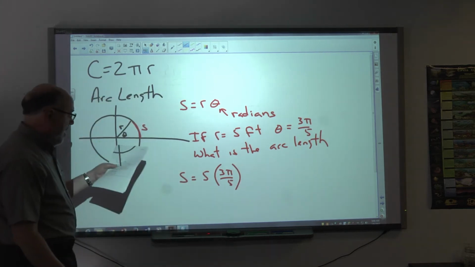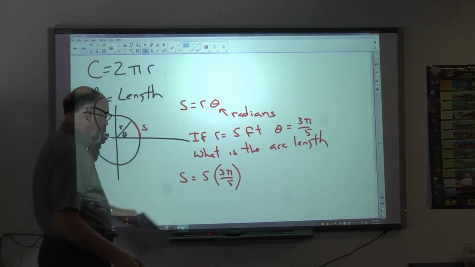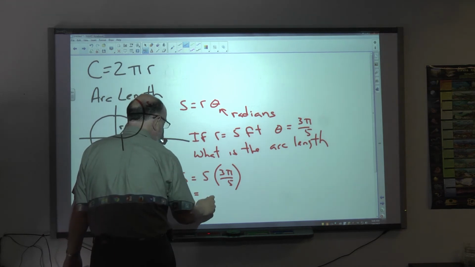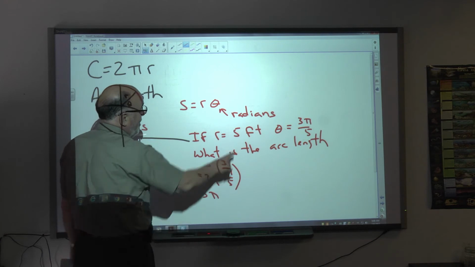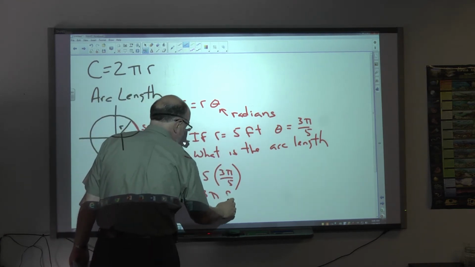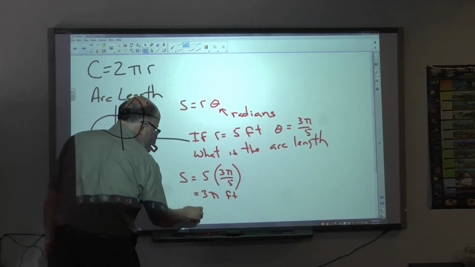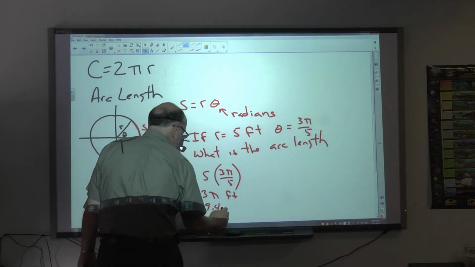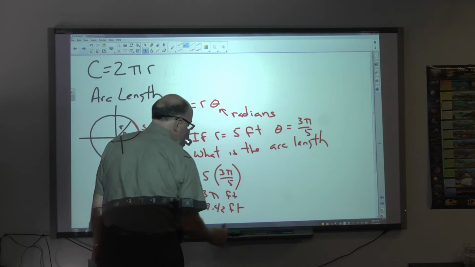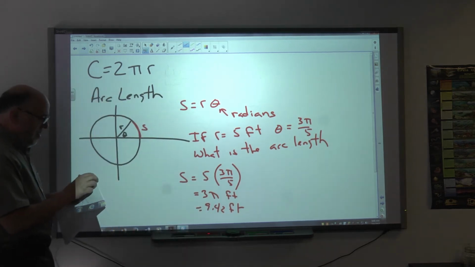The 5s will cancel each other out, and we'll end up with just 3 pi. The units will be the same units as our radius, so feet. 3 pi is roughly 9.42 feet. That's the arc length.